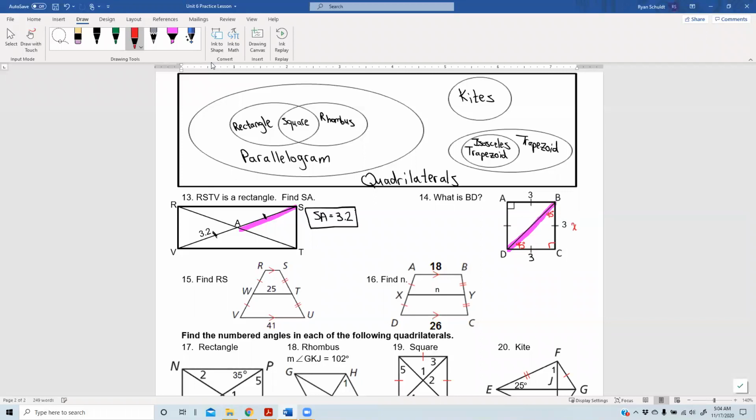So if we label our template, x has to be 3. So our hypotenuse BD would have to be 3 square roots of 2. That's exactly what BD is. BD is 3 square roots of 2.